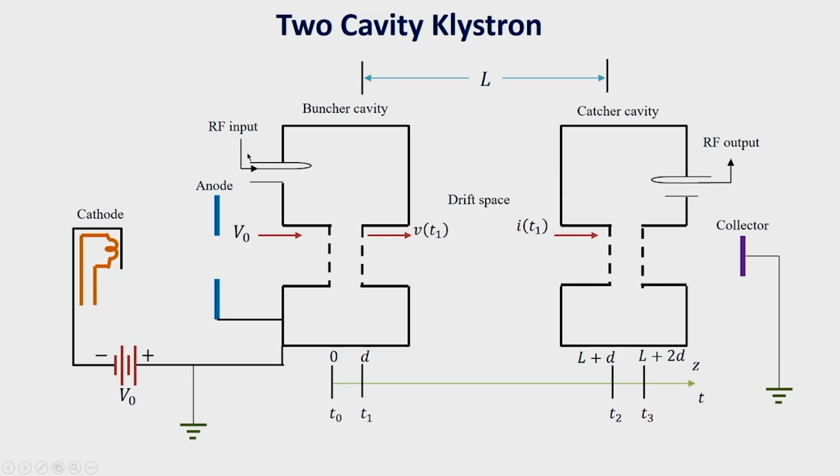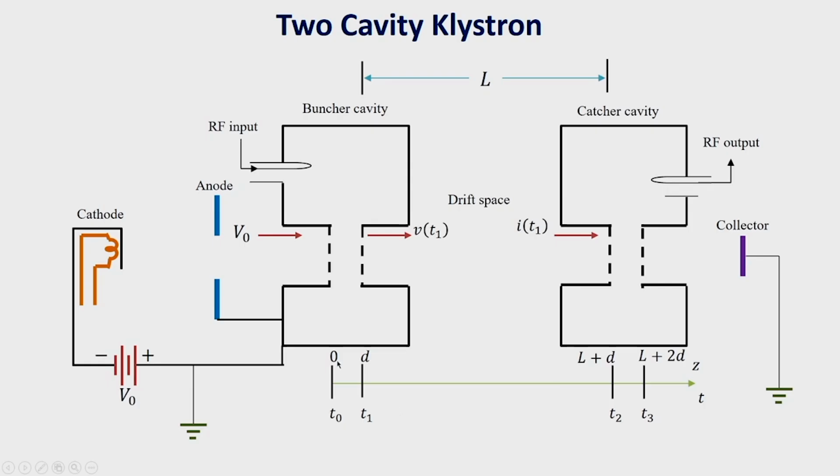As a result, we will get an amplified version of the signal at this RF output. The electrons, after delivering their energy, slow down and are collected by the collector.